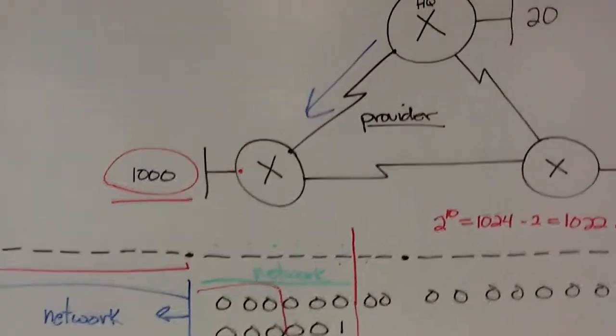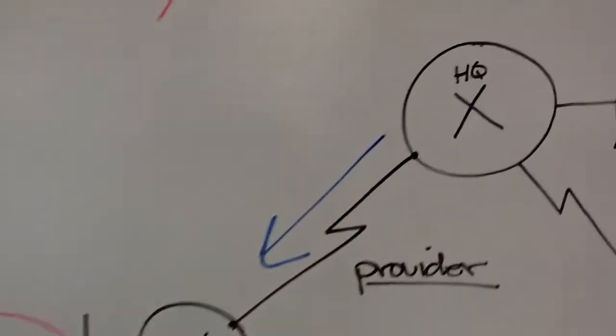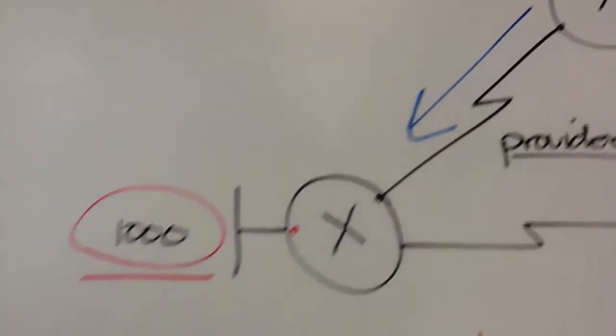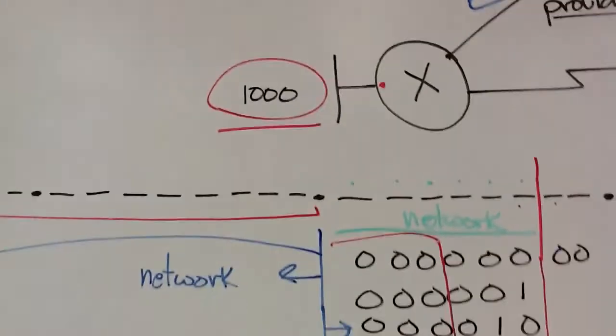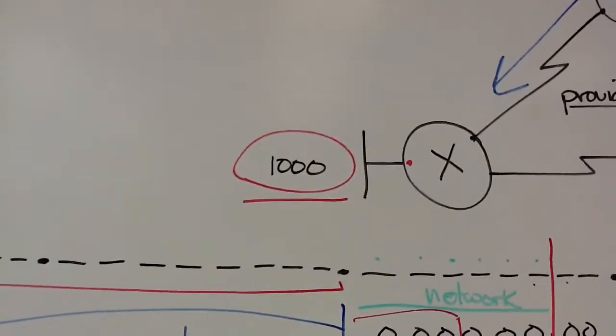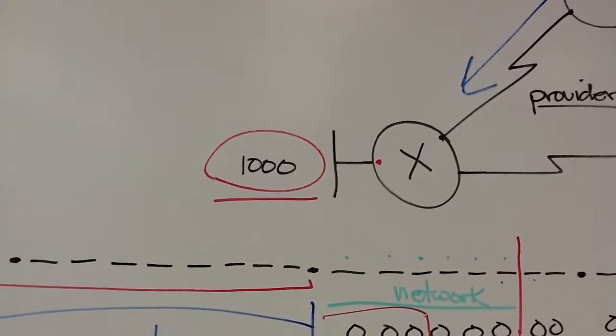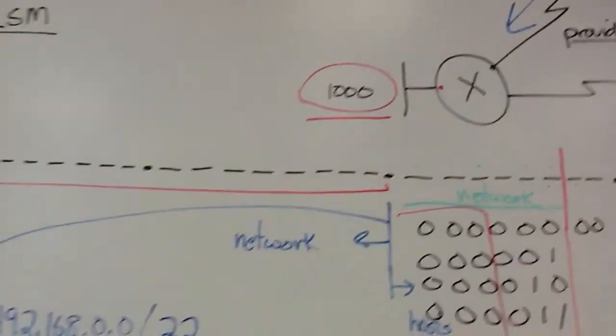So if we assigned all those one direction, then the headquarters could have that one route pointing down here, and then maybe if there was expanded networks on this one further out.